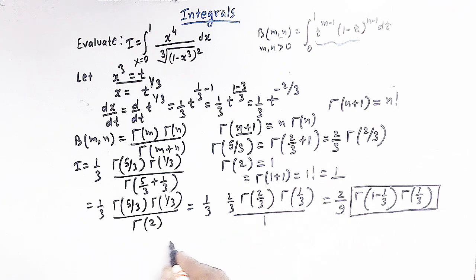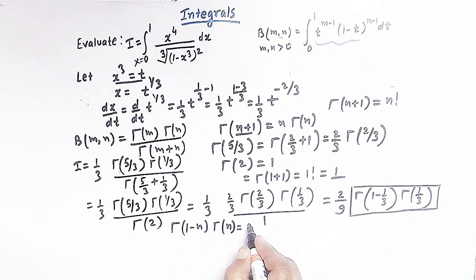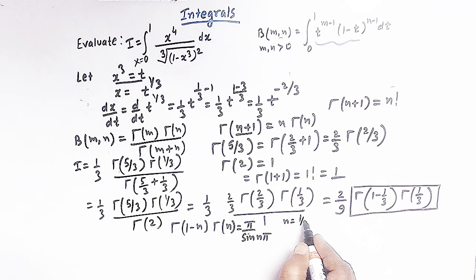So we know that from Euler's reflection formula, that is gamma 1 minus n times gamma n is equal to pi over sine n pi, right? So if we take n is equal to 1 over 3, then this left hand side appears as gamma 1 minus 1 over 3.